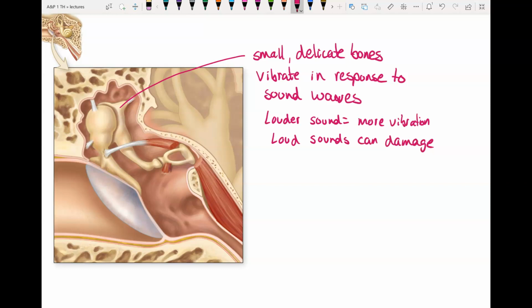So you have a couple of muscles. You have the stapedius, and you have the tensor tympani.